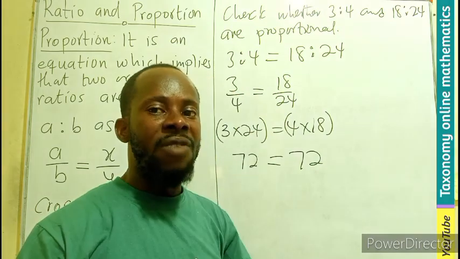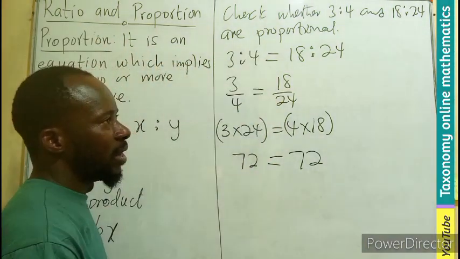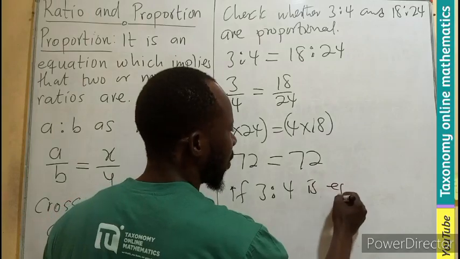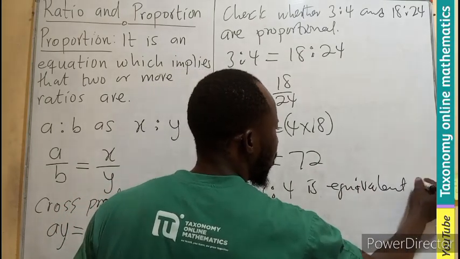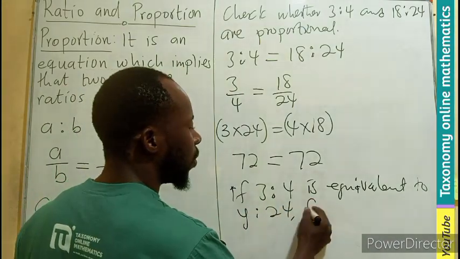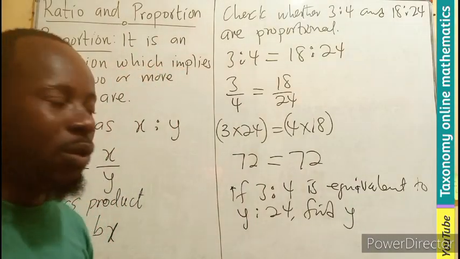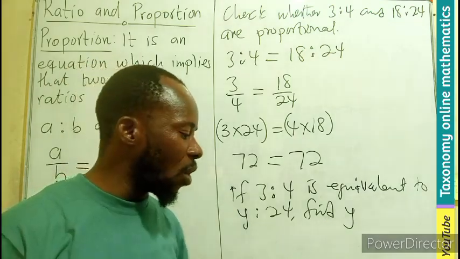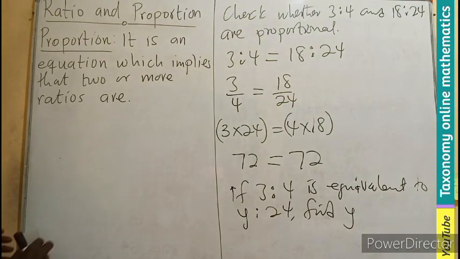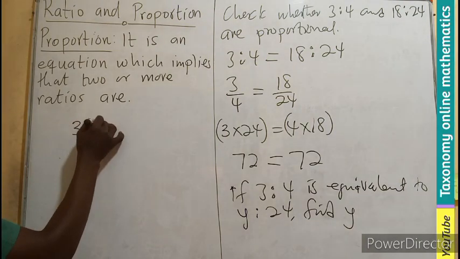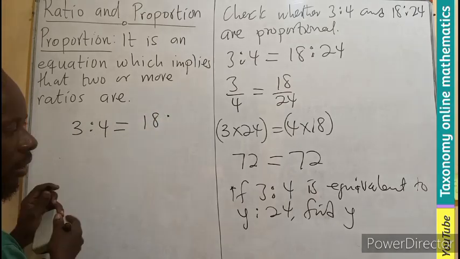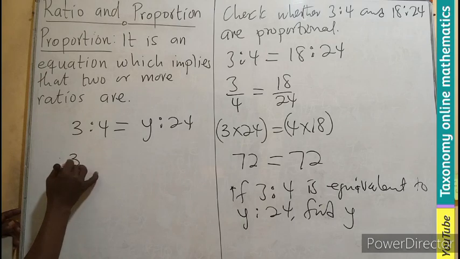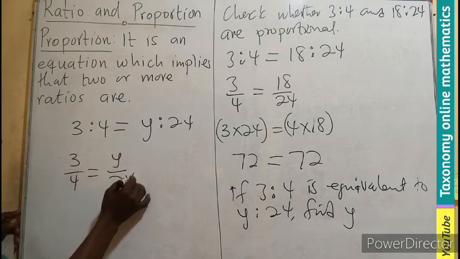Now, it can also involve variables. If 3 is to 4 is equivalent to Y is to 24, we can be asked to find the value of Y. Since these are ratios, we write them as a proportion. So 3 is to 4 equals Y is to 24; written as fractions, 3 over 4 equals Y over 24.